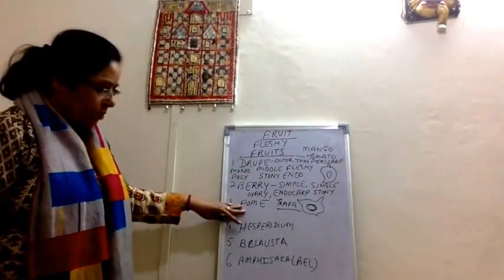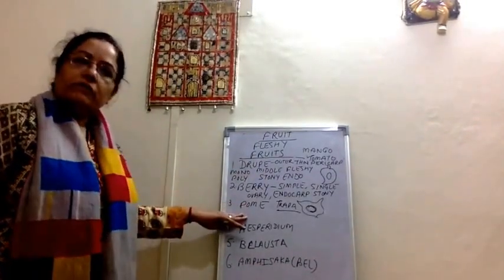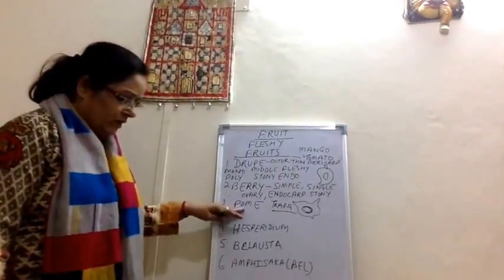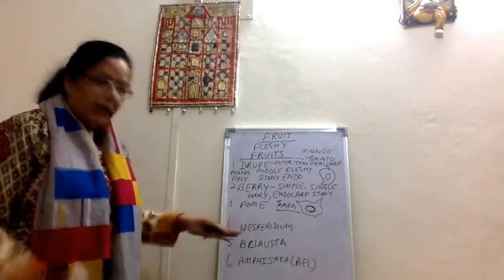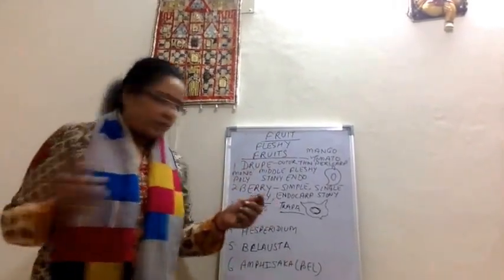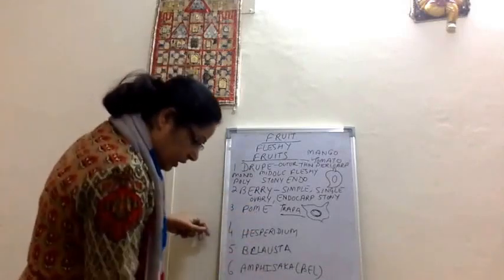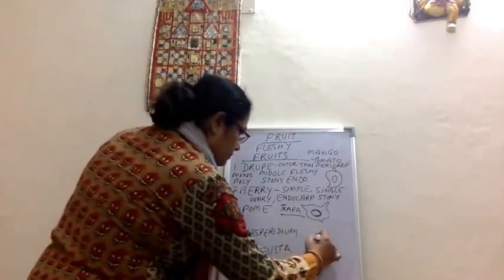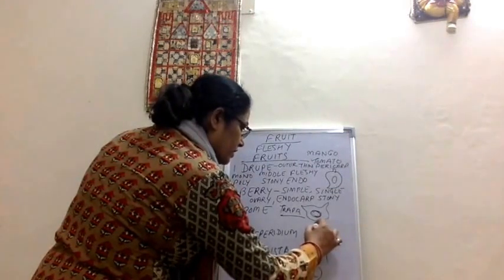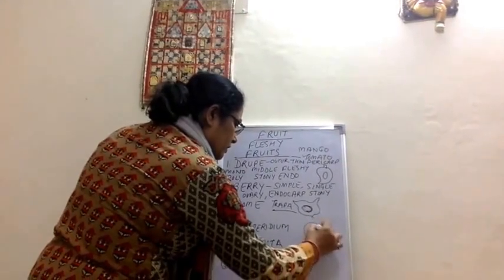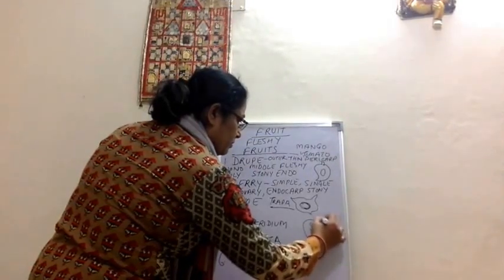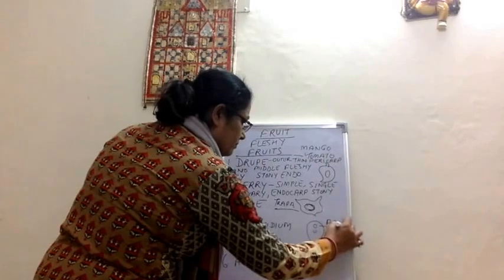And third is pome. Pome again has an inferior ovary, meaning inside the thalamus, syncarpous, and the thalamus becomes fleshy, as you know in apple. This thalamus becomes fleshy and develops into the fruit, like in apple.